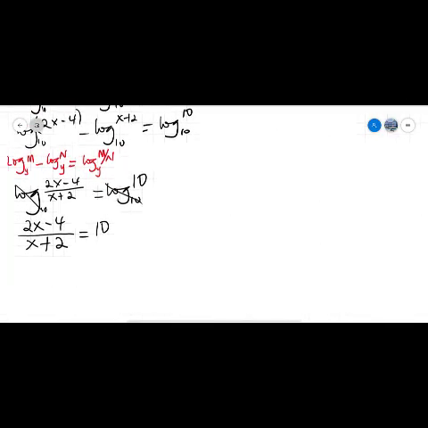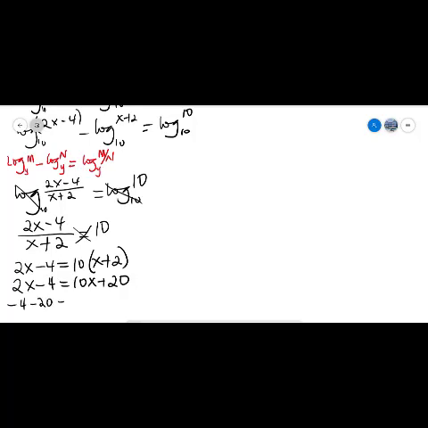Cross multiplying will give us that 2x minus 4 is equal to 10 times (x plus 2). We have 2x minus 4 equal to 10x plus 20. So we're going to have minus 4 minus 20. Collecting like terms will give us 10x minus 2x.